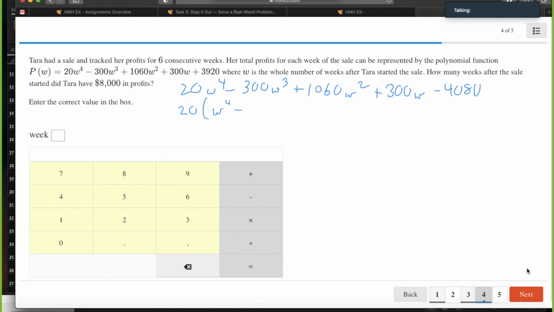So 300 divided by 20 is 15w cubed, plus 1060 divided by 20, 53w squared, 300 divided by 20, I already did that one, plus 15w minus 204.